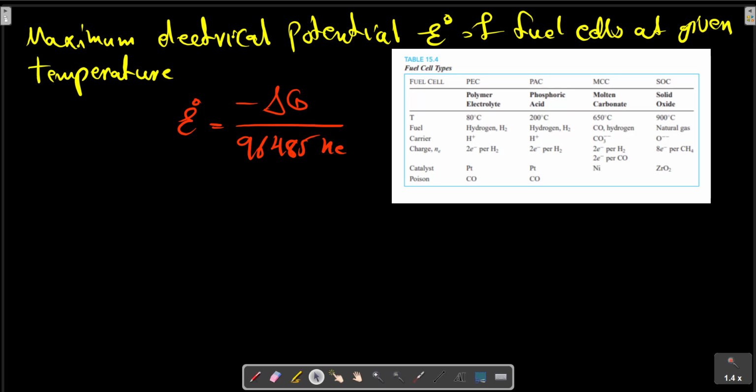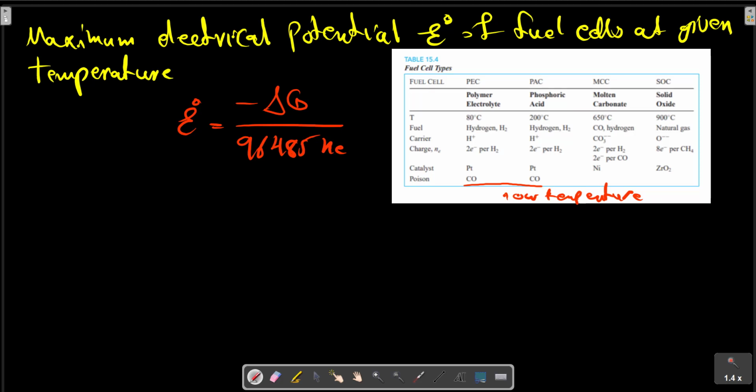The low temperature fuel cells are very sensitive to being poisoned by carbon monoxide, so they require an external reformer and purifier to deliver hydrogen gas.